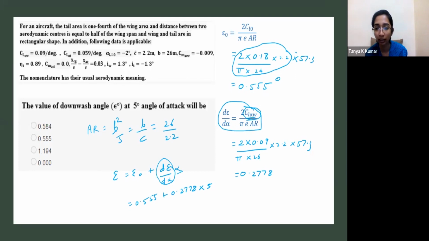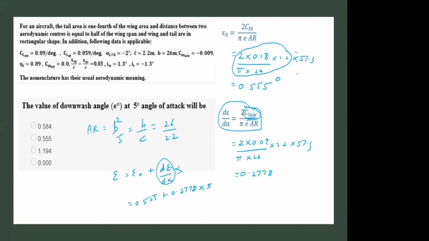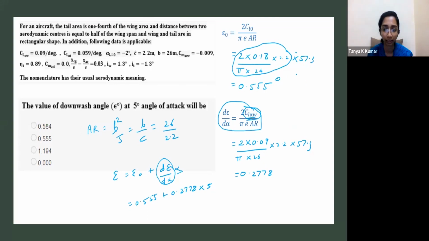So this 57.3 is for that Cl alpha wing. This 57.3 changes your radians to degrees. Is it making sense now? Is it making sense? Can I move ahead?